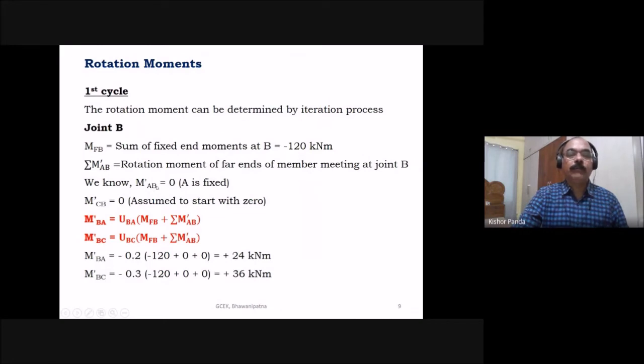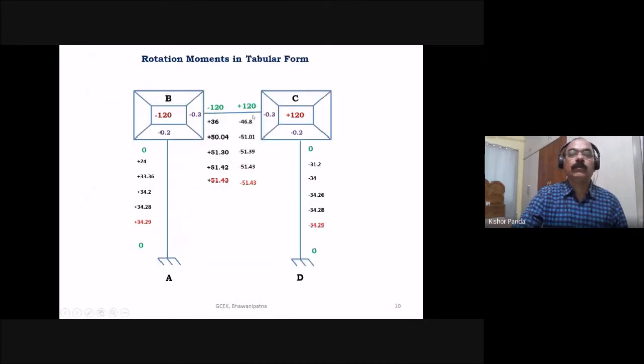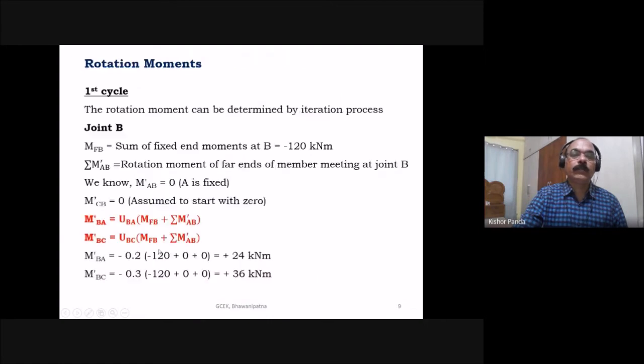We know M dash AB is equal to 0 as end A is fixed, as I already explained. And M dash CB is assumed 0. So M dash AB is 0 and M dash CB is 0.